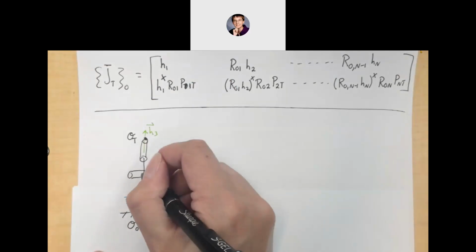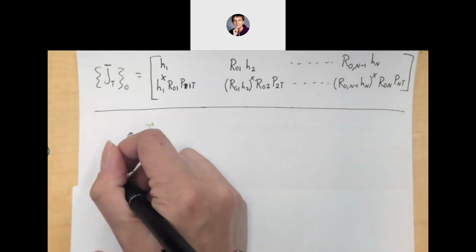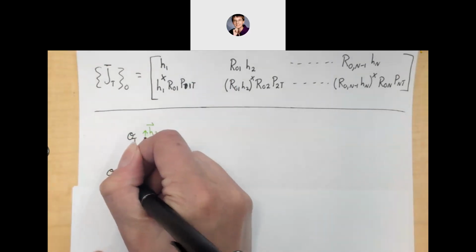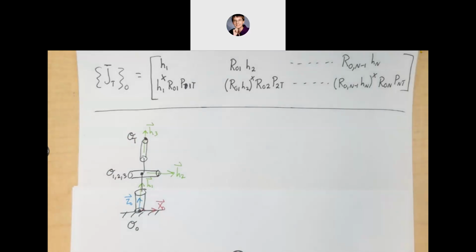So since all of these axes intersect, I'll put my origin here for 1, 2, and 3 all in the same spot.